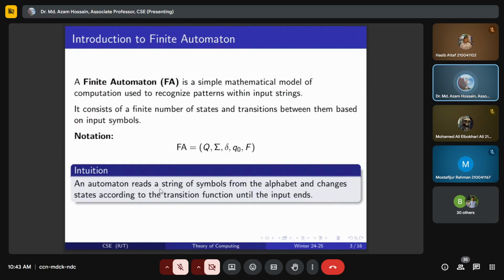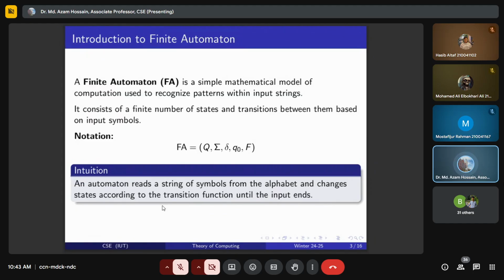So we know that an automaton, the singular of finite state automata, is a simple model that reads the input string symbols from the alphabet and changes the states according to the transition function until the input ends, right?